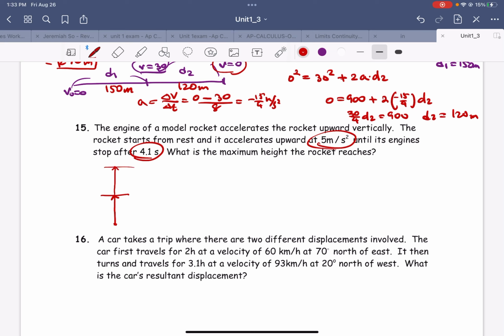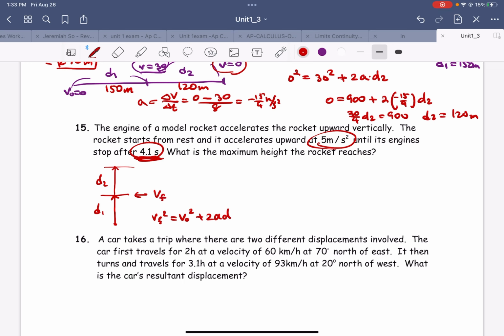So what you can do is say distance 1 and distance 2, because there are two situations. For D1, we can use this formula: final velocity equals initial velocity plus a t. From rest it accelerates, and they give you 4.1 seconds, so you can use this formula to find the final velocity at that time.